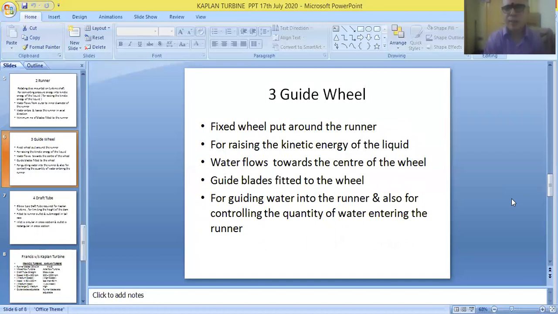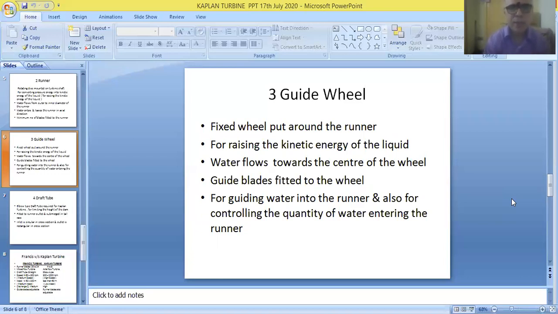We have talked about the guide wheel mechanism. A fixed wheel is put on the periphery of the runner, called the guide wheel. A number of blades are fitted to the periphery of the guide wheel, called guide blades.